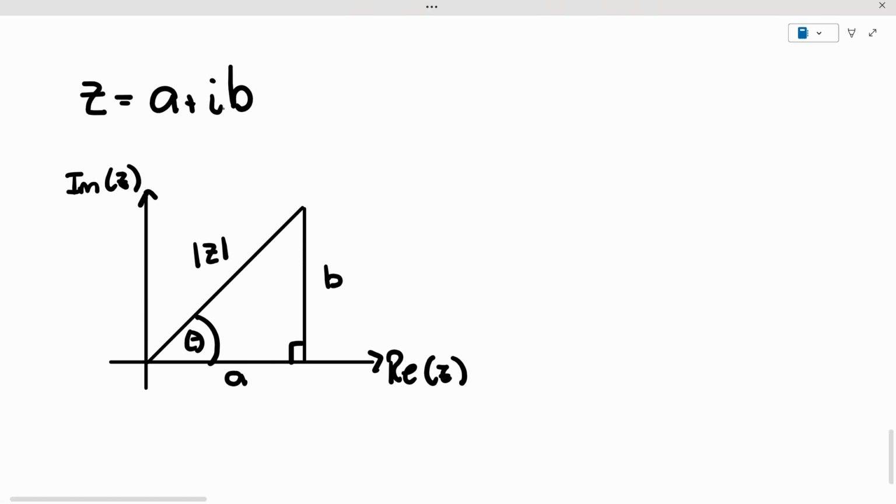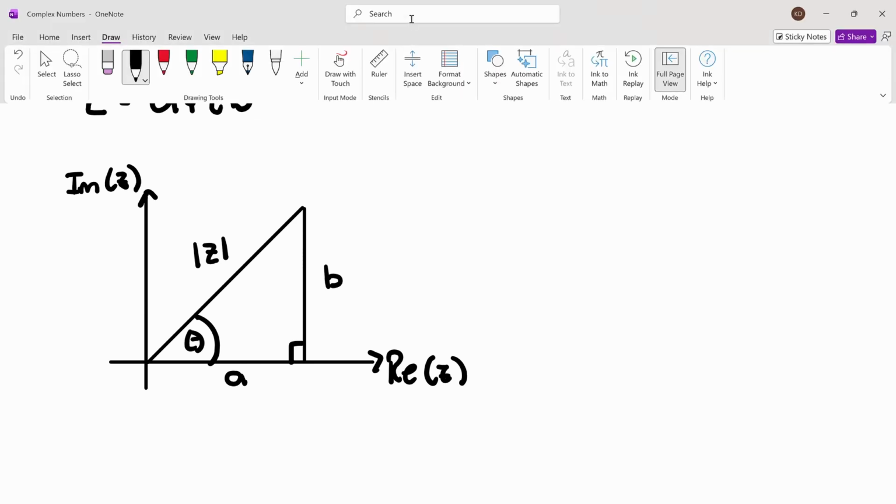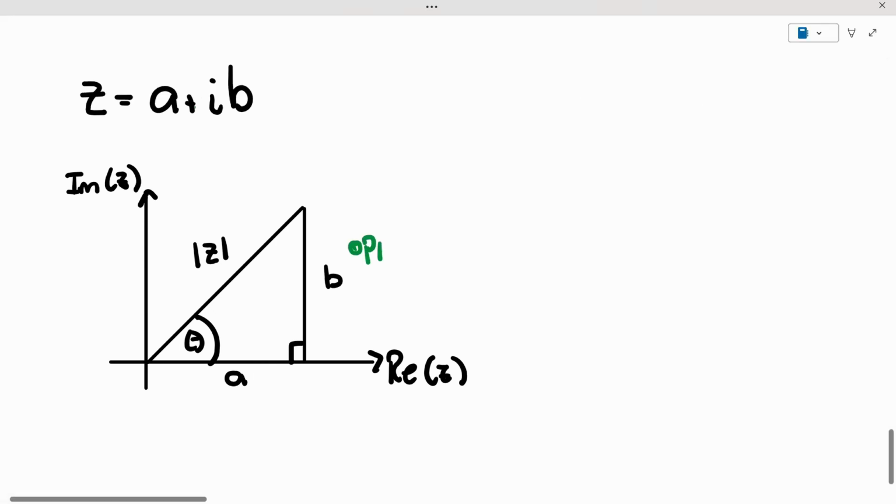But what if we were to employ a little bit of trigonometry? This is the opposite, this is the adjacent, and this is the hypotenuse, right?